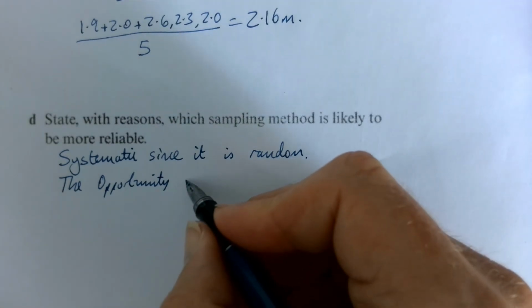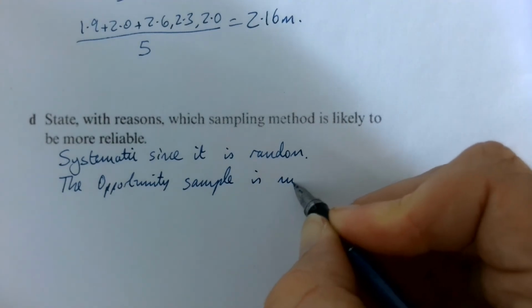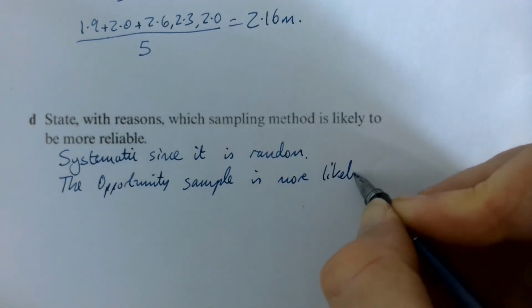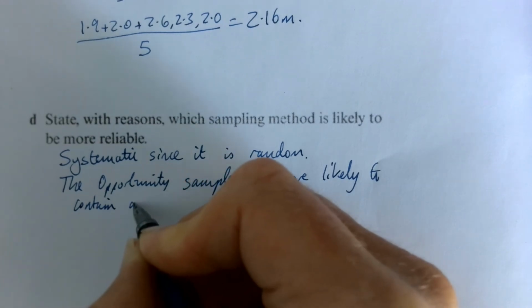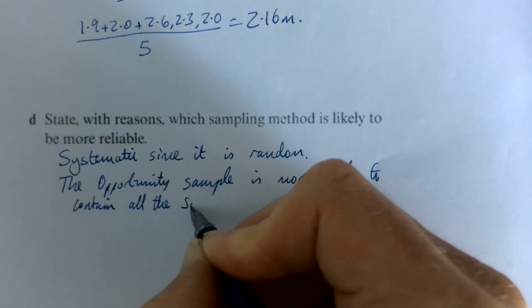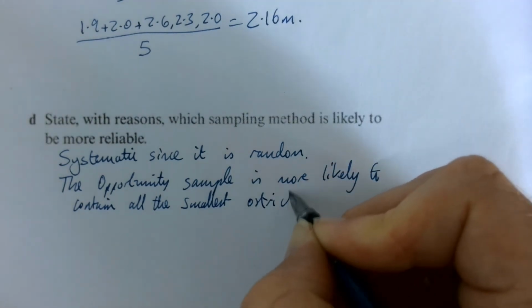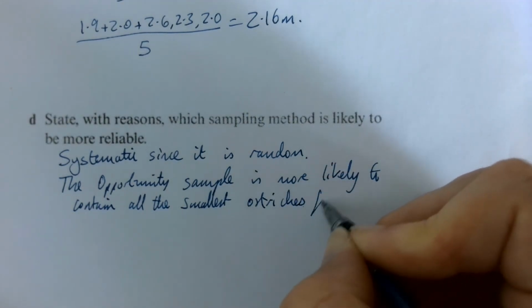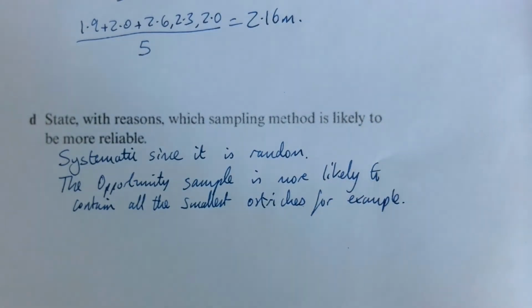So the opportunity sample is more likely to contain all the smallest ostriches, for example. Now there are quite a few different ways you can come up with things that can be sensible, that you can get a mark for.